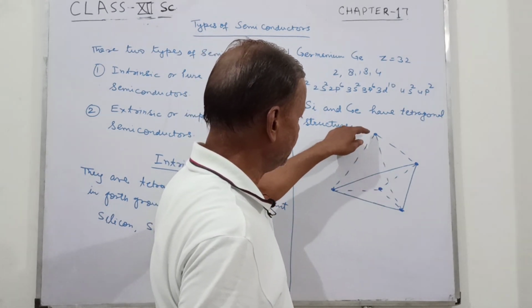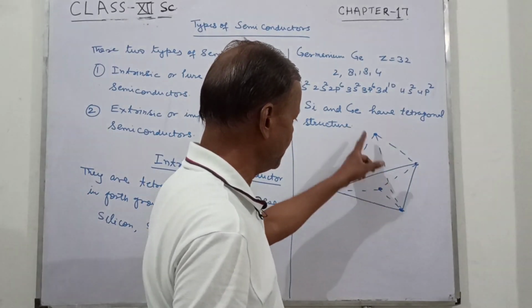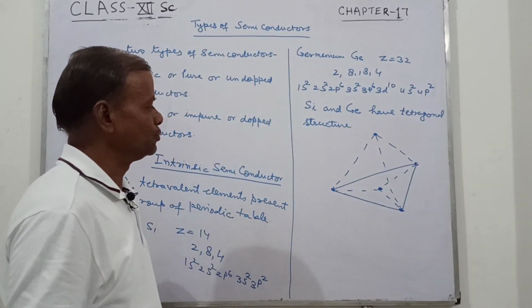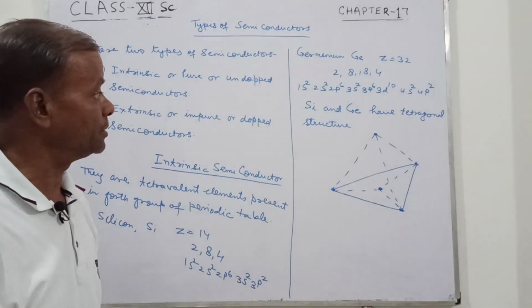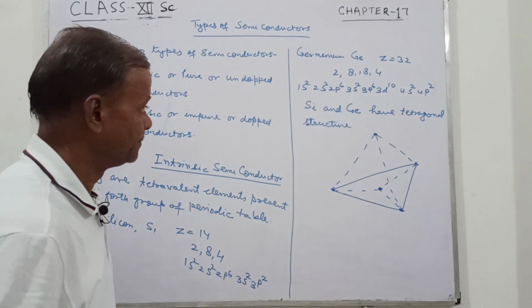Then this will again have the tetragonal structure, and so on. Thus there is a tetragonal structure of the germanium and silicon crystals.